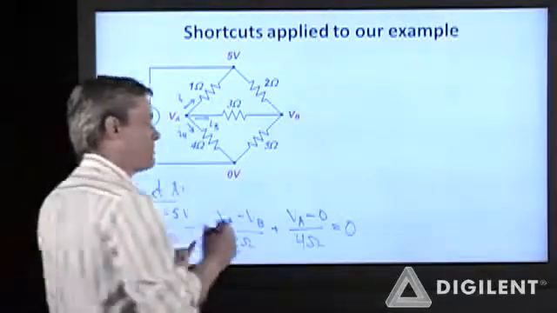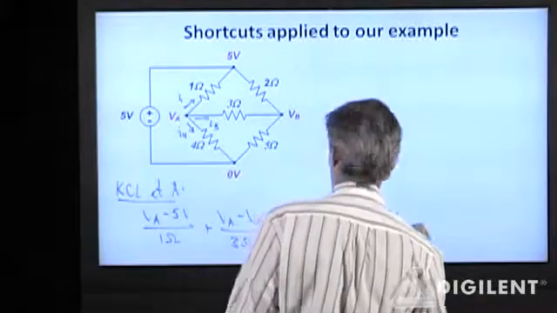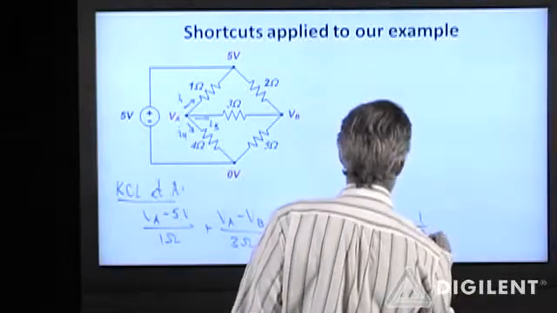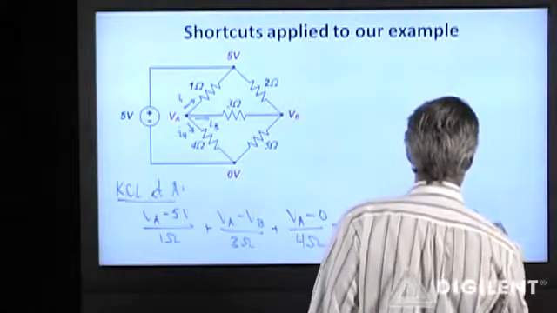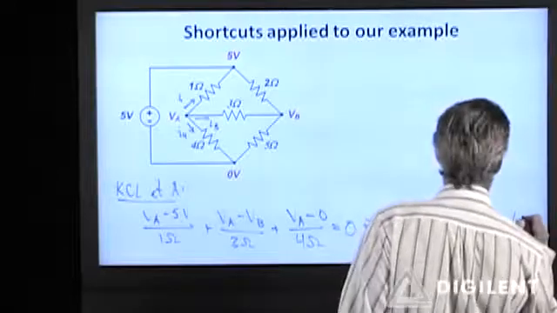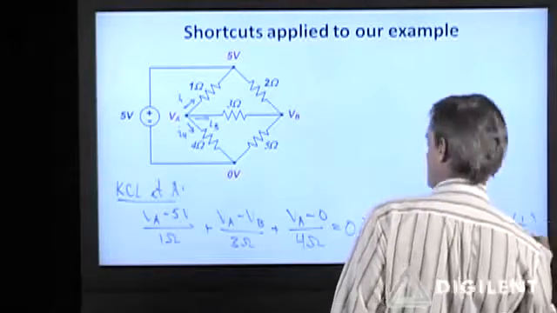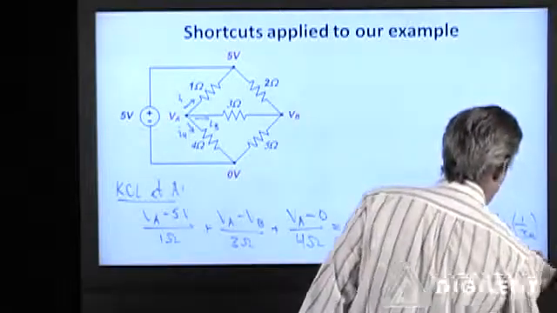Now, if I do the multiplicative terms on VA, I have 1 over 1 ohm plus 1 over 3 ohms plus 1 over 4 ohms times VA plus V sub B times minus 1 over 3 ohms is equal to 5 volts.